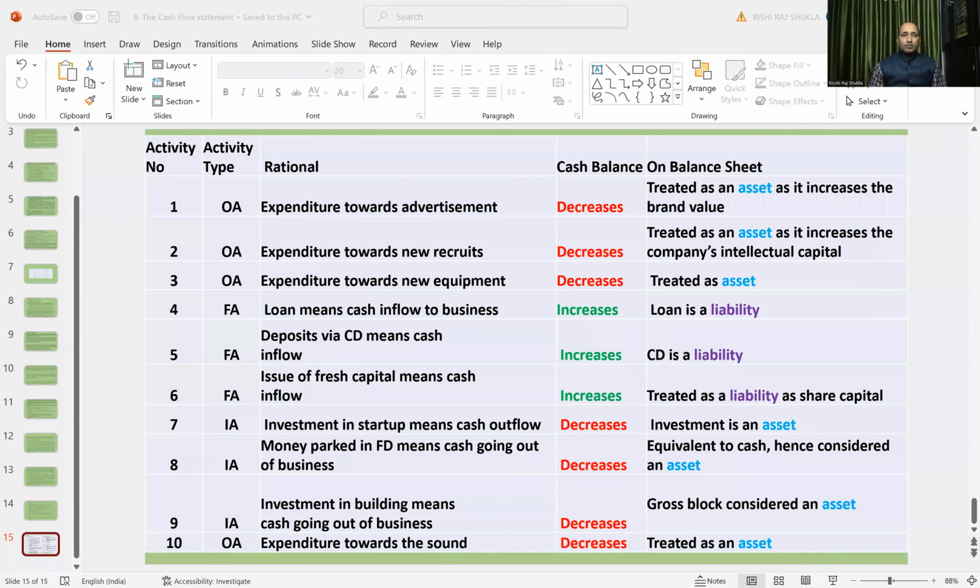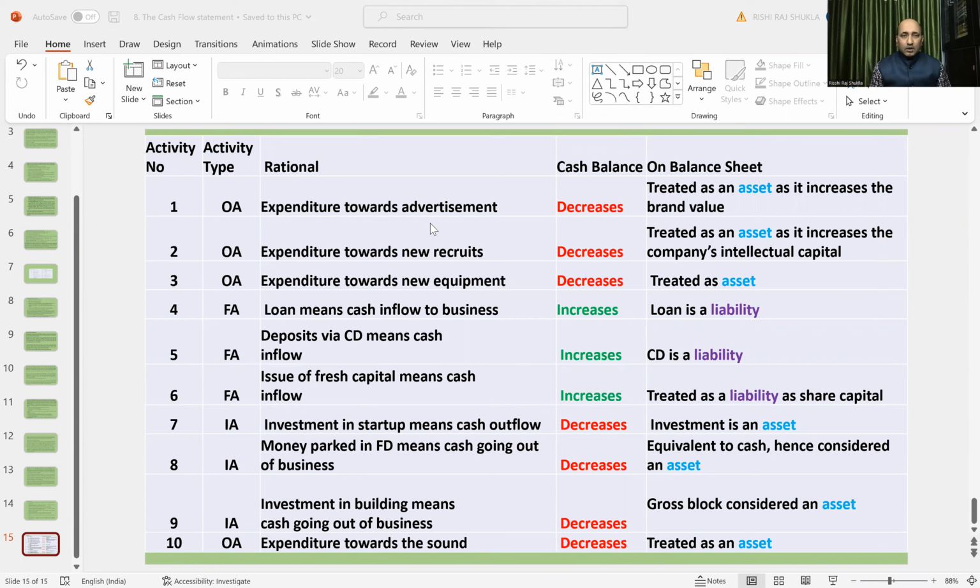I have tried to capture these activities here. So first, expenditure towards advertisement. This will decrease cash. That is why, for clarity, I have shown it in red. And the same thing, how it will be shown in the balance sheet: this will be treated as an asset as it increases the brand value.